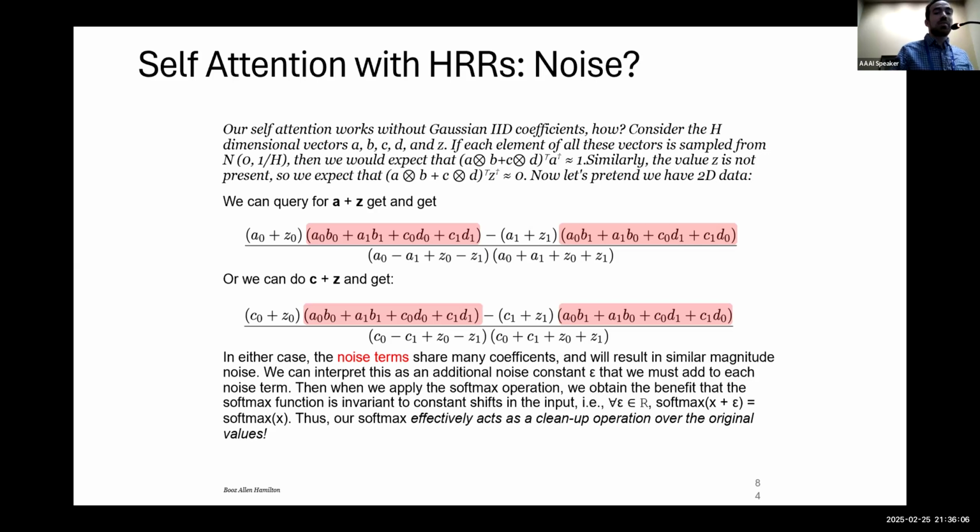So by using the softmax, we are effectively denoising the noise we introduced by not having the correct input distribution of our vectors. We weren't so clever as to realize this at first. We did the dumb thing and then it worked, and we were trying to figure out why does it work? And we realized this was what was going on.